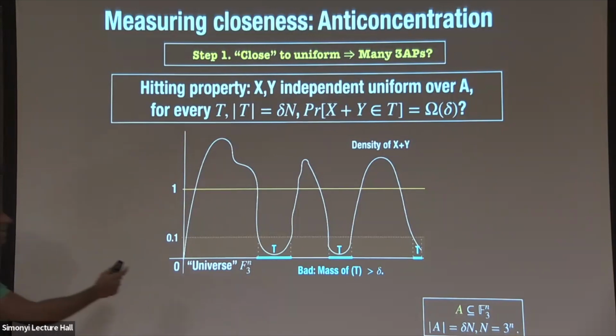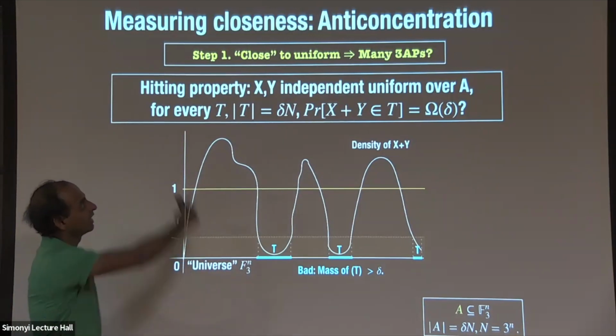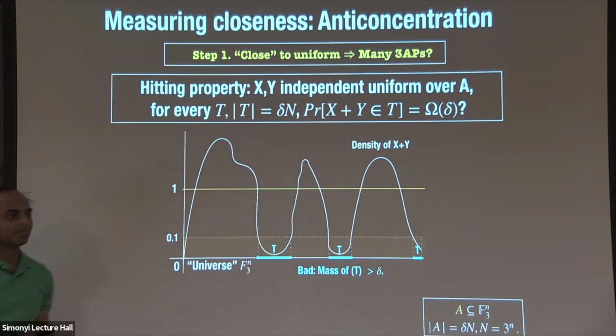If the blue region has delta n points, then we do not satisfy that condition, at least with that constant. So let me explicitly ask for this to not be true.